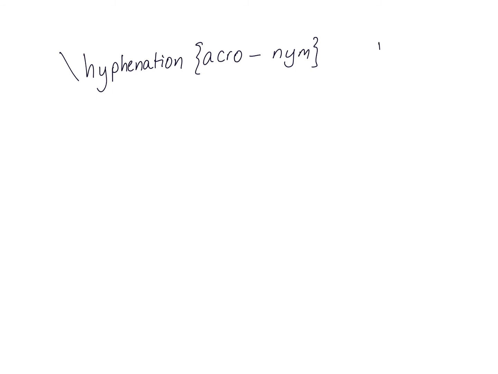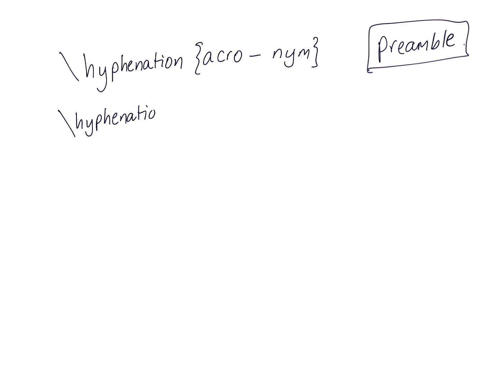This you can add to the preamble of the code, and it will work for you. Okay. Other ways to show hyphenation are also possible if you give it a couple of options, then it will use those options.